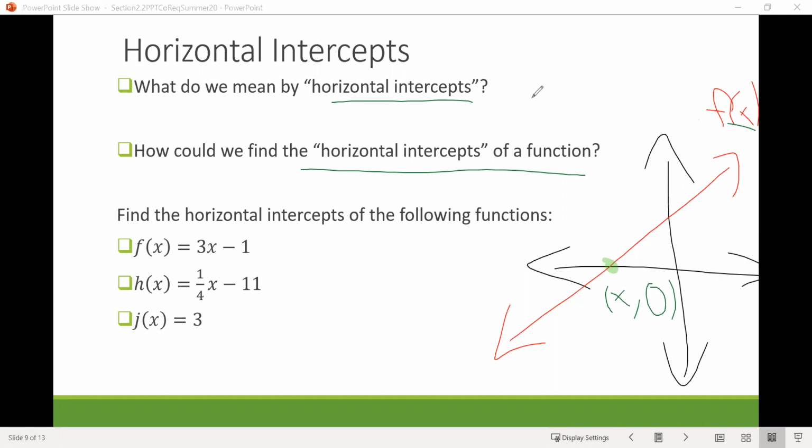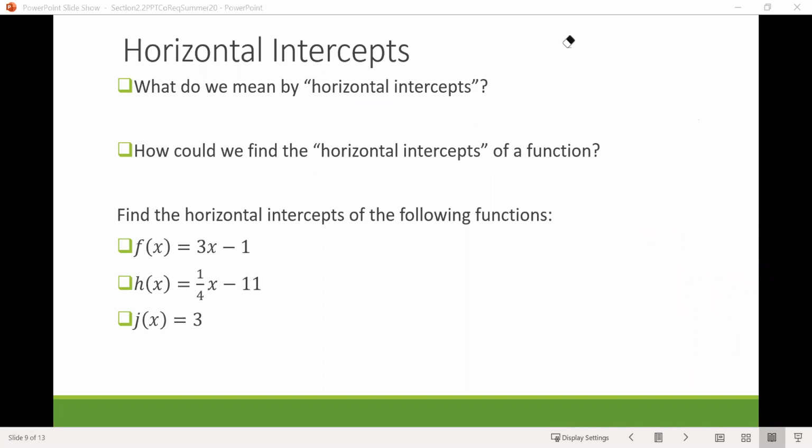It could be 1, 0, 2, 0, 3, 0, whatever it is, the coordinates would be x, comma, 0. So for every point along that horizontal axis, the output value is 0. And that's what can help us find our horizontal intercepts: we know that at a horizontal intercept, the output value is always 0.